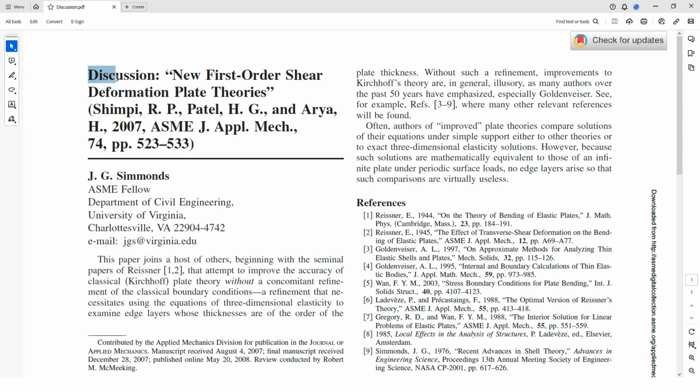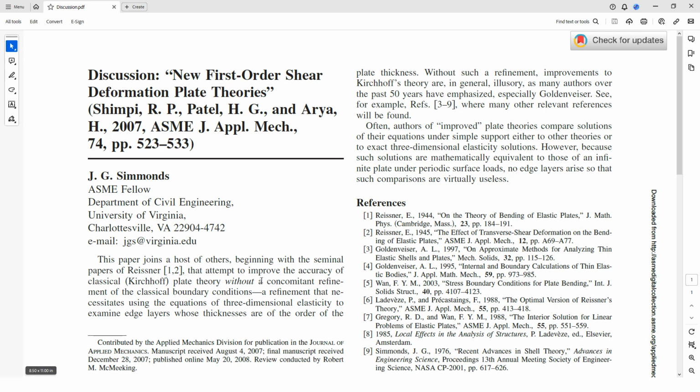So the title of this, if you look at here, it is published as a discussion. Discussion on what? Discussion on this paper which was earlier published by these authors. So J.G. Simmons has written one page query, maybe one page suggestion, to Shimpi, Patel and Arya on their article which is published in the ASME Journal of Applied Mechanics.